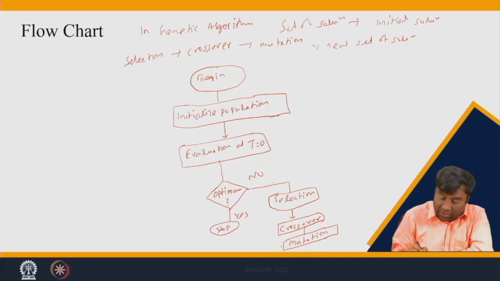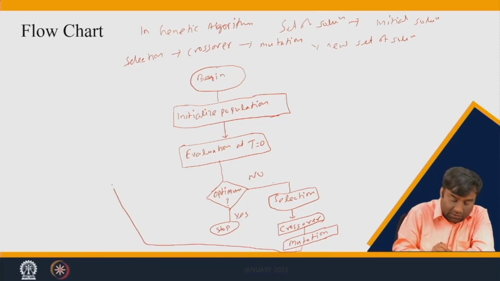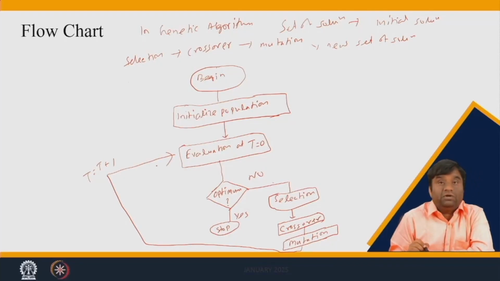After all these steps, we'll get new solutions, that is at t equal to t plus 1, and then the steps will continue until we get the optimal solutions. So this is the flowchart of the genetic algorithm.